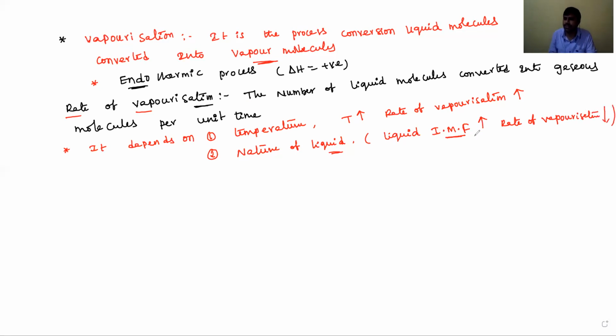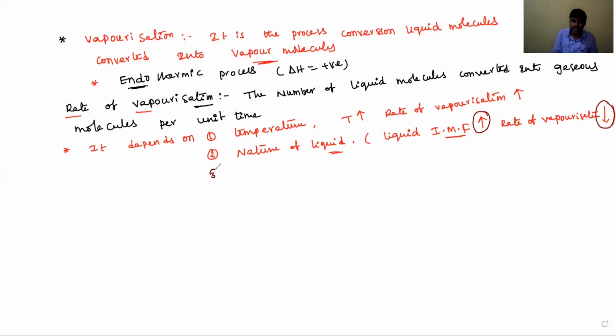Okay, students, you have to remember this point. Because the intermolecular forces between the liquid molecules are very high, how will it be converted into gaseous state? So that conversion to gaseous state decreases. That's why the rate of vaporization decreases. If intermolecular forces are very weak, then the rate of vaporization increases. That's why the rate of vaporization depends on the nature of the liquid.